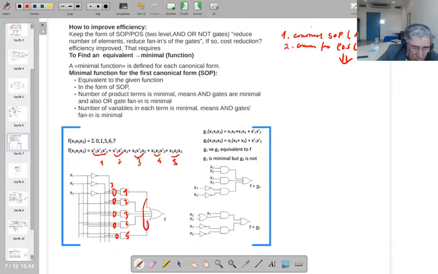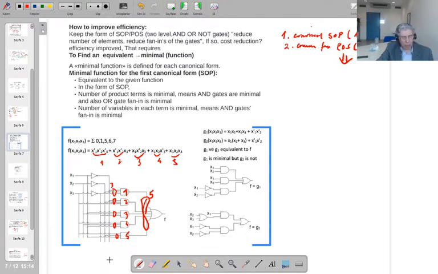Fan-in here is 5. So that is synthesis, isn't it? If a function is given to me, I can write the first canonical form and find the corresponding circuit, which is this. So this is synthesis. Similarly, I can write this canonical form and draw another circuit here.